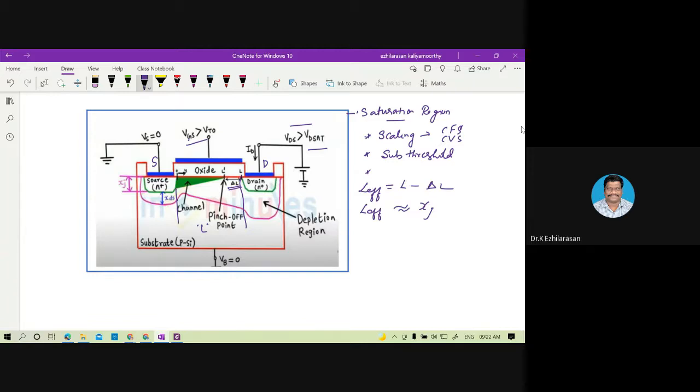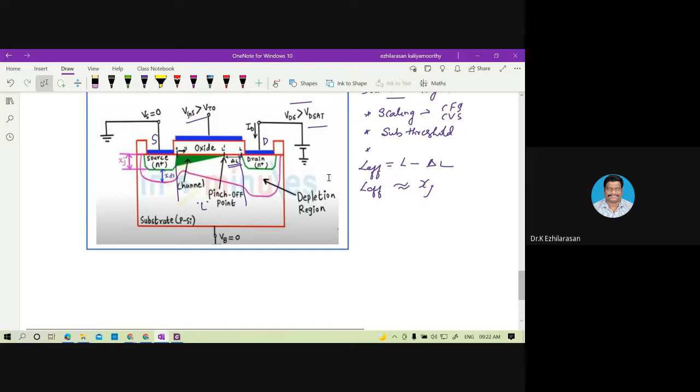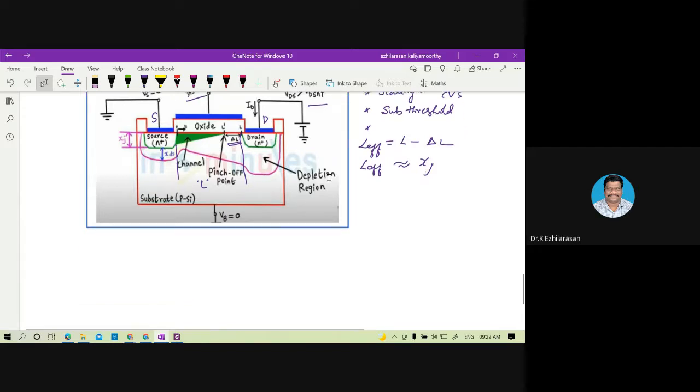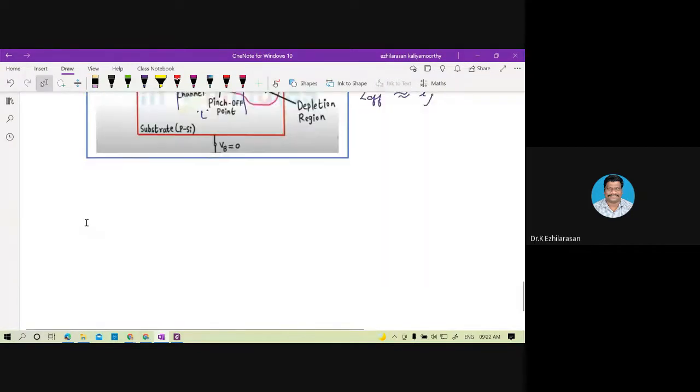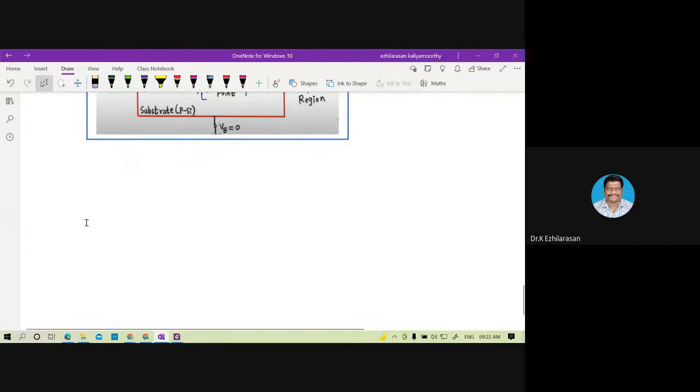So now let us study about the first effect. What is the first effect? The first effect is nothing but surface scattering.